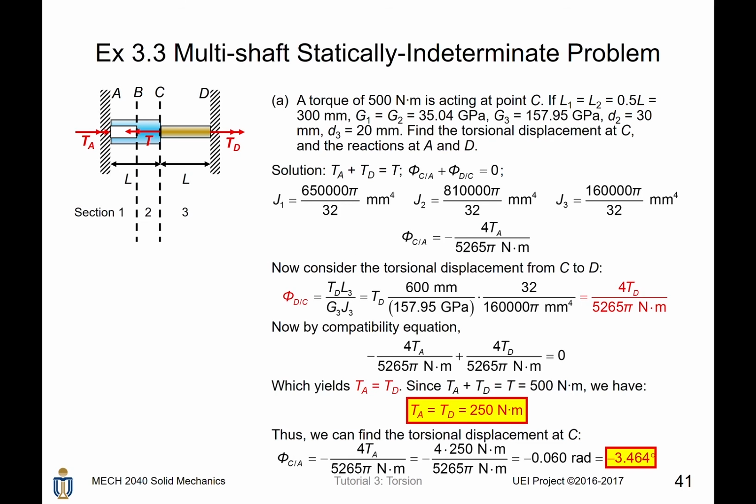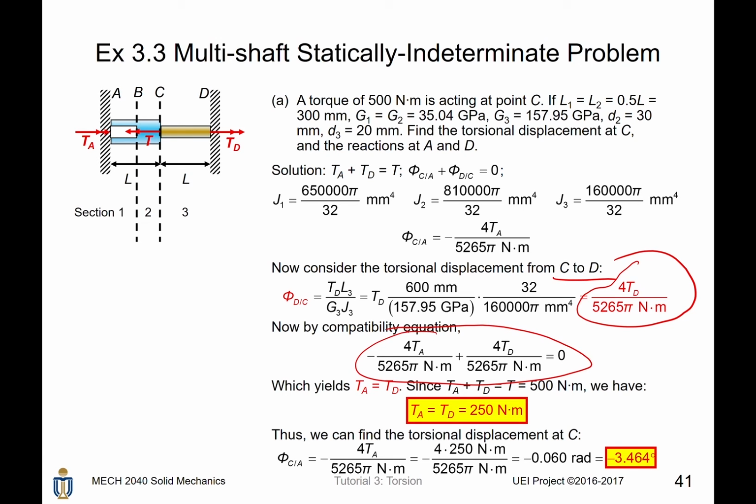Next, we consider the torsional displacement from C to D. We substitute the shear modulus of D as well as the polar moment of inertia into it. Then we will get this. The torsional displacement of D relative to C equals 40TD divided by 5265 pi Newton meter. By using the compatibility equation, we can get this result.